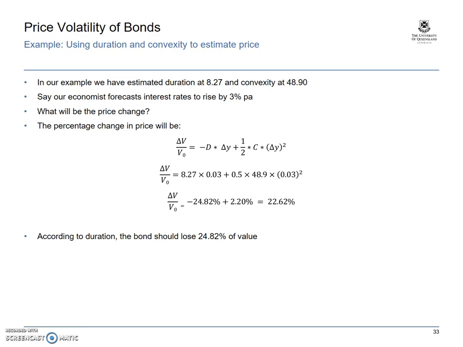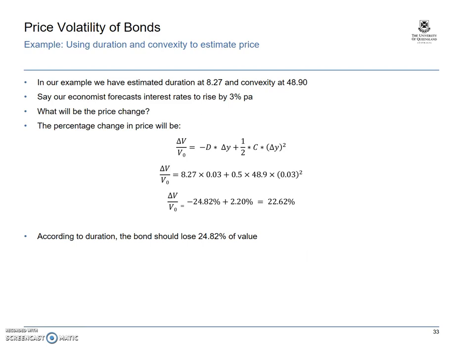So in our example, the percentage change in price is equal to minus duration multiplied by the expected change in yield, plus a half multiplied by the convexity multiplied by the expected change in yield squared. In this case, our duration was 8.27. So we take minus 8.27 multiplied by the change in the yield, 3%, plus a half multiplied by the convexity, 48.9, multiplied by the change in the yield squared.